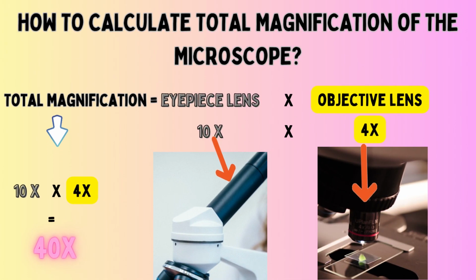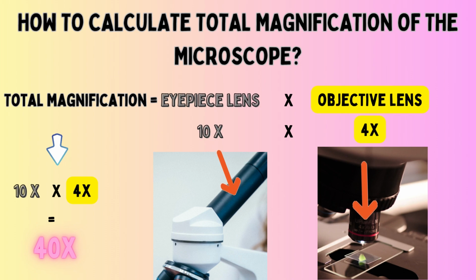How to calculate the total magnification of the microscope? To calculate this, you need 2 main pieces of information. The first one: you need to know the eyepiece lens magnification. Like we mentioned before, the compound light microscope has 10 times. So in this example that we will calculate, we will use an eyepiece lens with a magnification of 10 times.